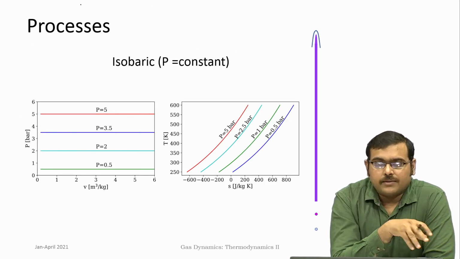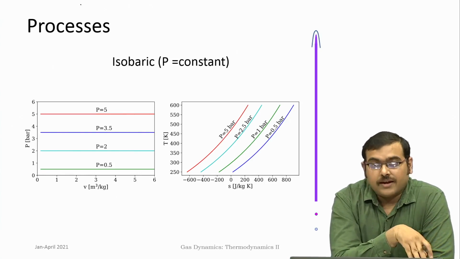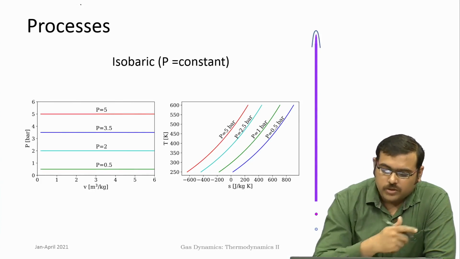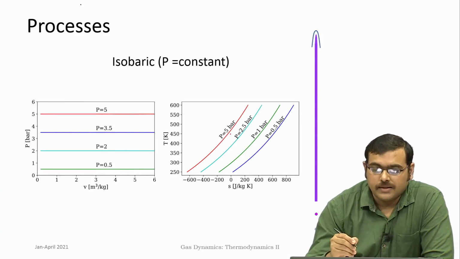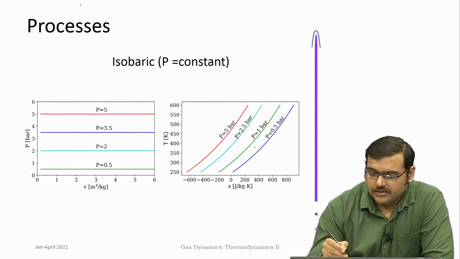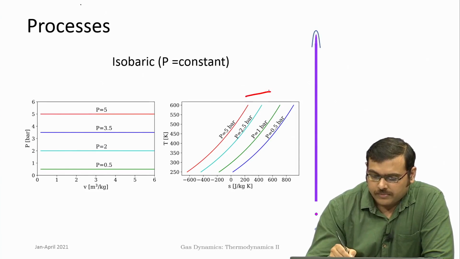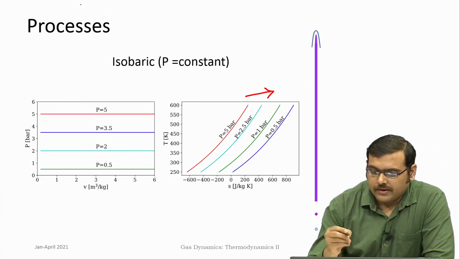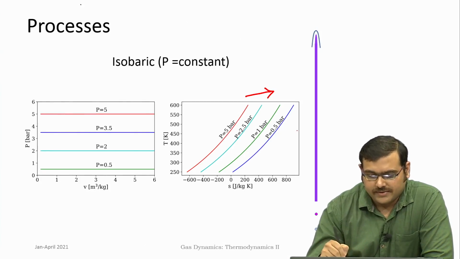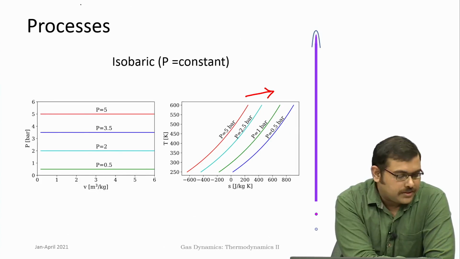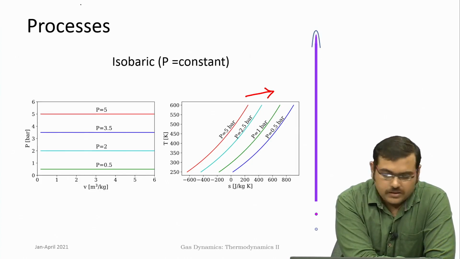In a PV diagram, constant pressure is just horizontal lines, and it is immediately observable, while you have curves of the pressure lines in a TS diagram, and one should understand that as you go from left to right, that is you are increasing in entropy, the pressure actually decreases. So that you have to keep in mind when we are going to discuss using qualitative charts, then this kind of understanding will be useful.